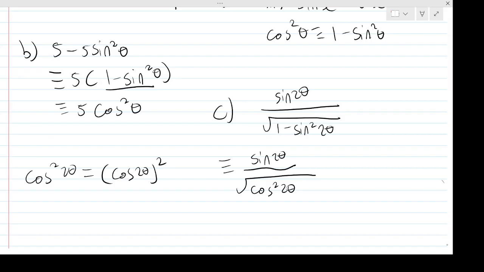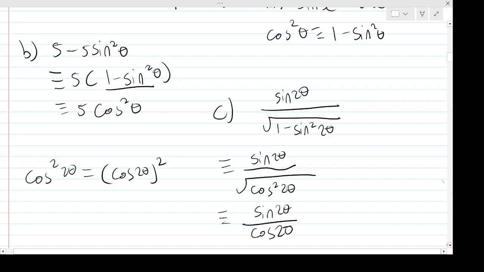With trig functions, if we have a power 2, 3, 4, whatever, we put it before the angle, not after, because cos of 2 theta squared is a different thing. But it's the same as raising the whole thing to a power 2. So this is a square of cos, and if we square root a square, that's just cos 2 theta.